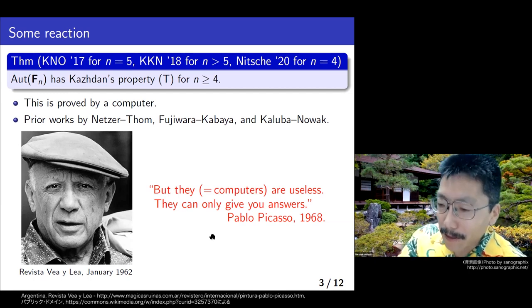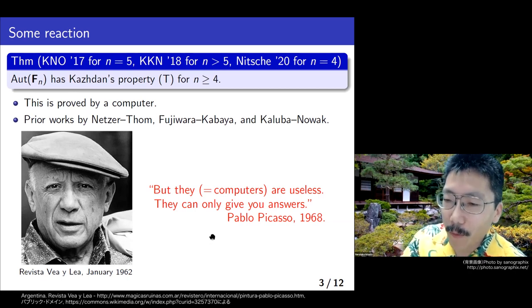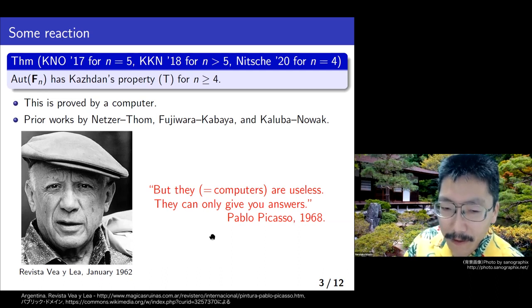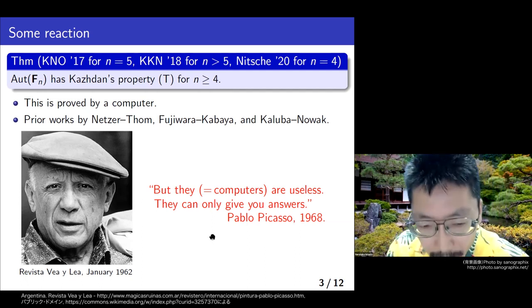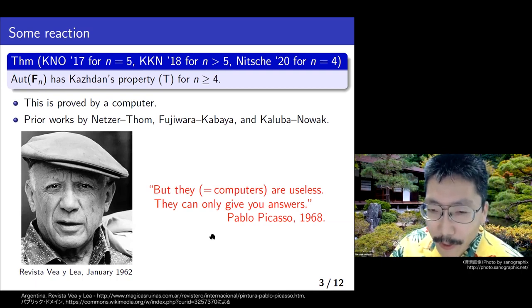And I think this kind of thing happens more and more often, because computers get stronger at exponential speed. Hardware and algorithms both get stronger at exponential speed.